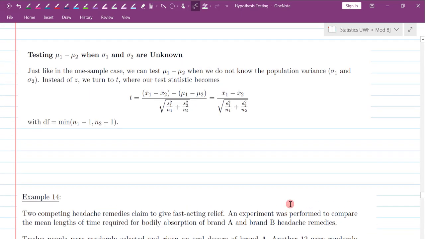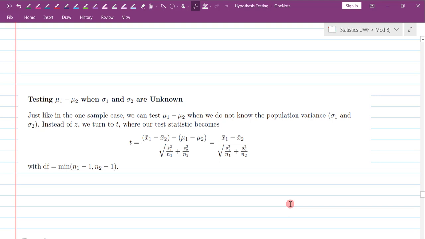Testing the difference between mu1 and mu2 when sigma 1 and sigma 2 are both unknown. So just like in the one sample test, we can test the difference of means when we do not know the population variance or standard deviation.